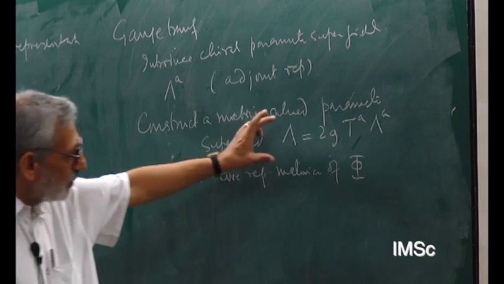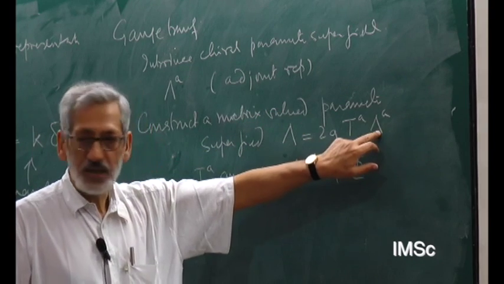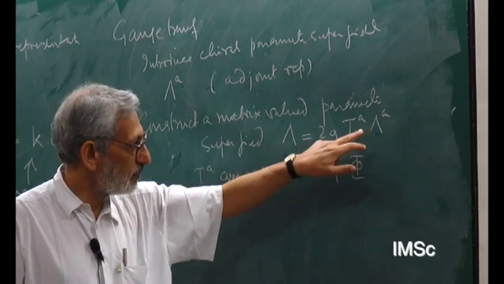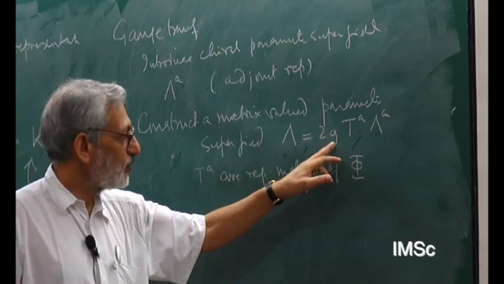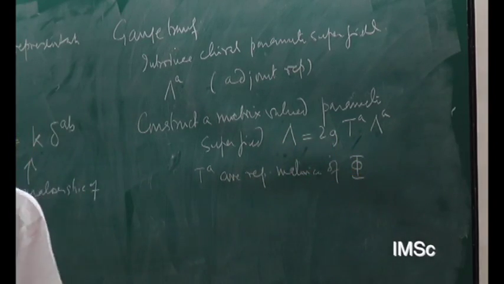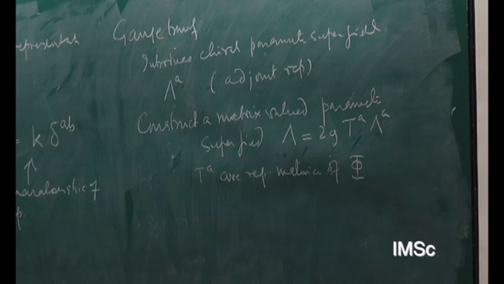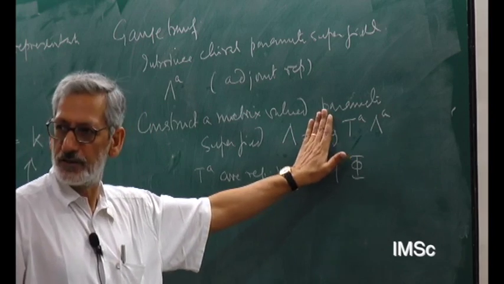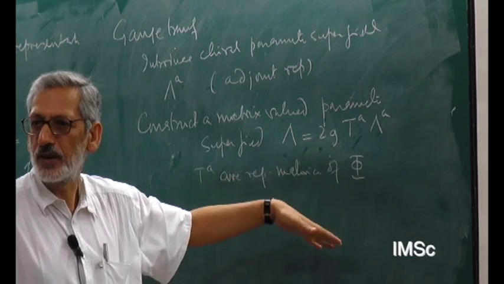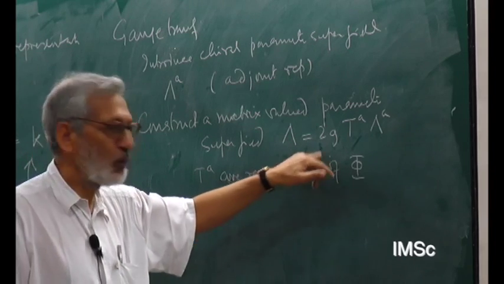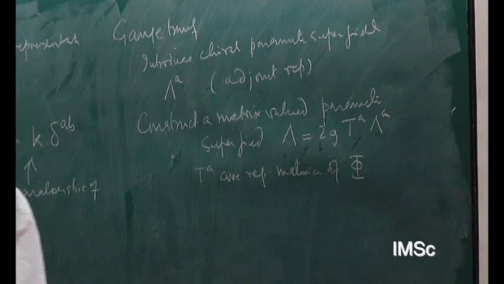Now it's a matrix valued superfield. These are a number of superfields multiplied by T^A. T^A is a matrix, so it's a matrix valued superfield. 2g is some convenient normalization. g is the coupling. In most ordinary gauge theories, you don't put this 2, or you put at least g. This 2 is something special to this construction, because if you put 2 here, then factors become easier in the later calculation.